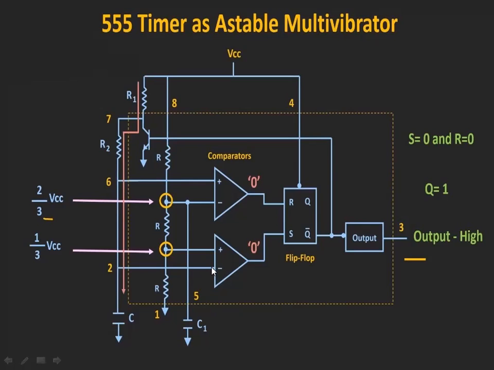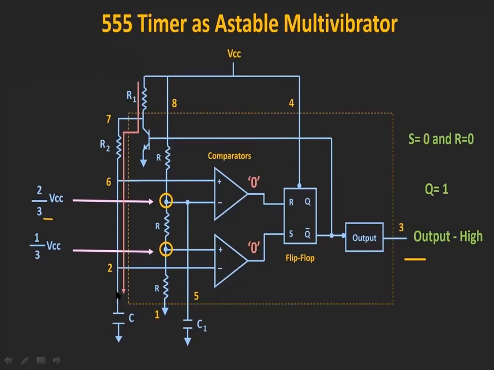So here we are getting a voltage that is going to increase. When the inverting terminal acquires a higher value than the non-inverting terminal, because the voltage at this node is a fixed voltage, that is 1/3 VCC, whereas the voltage across this capacitor is going to change because the capacitor is going to charge.